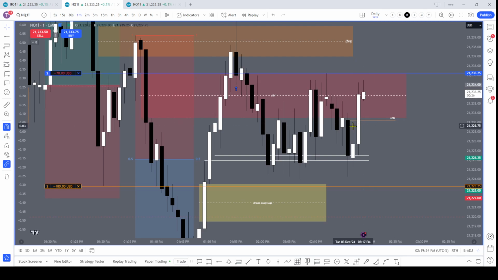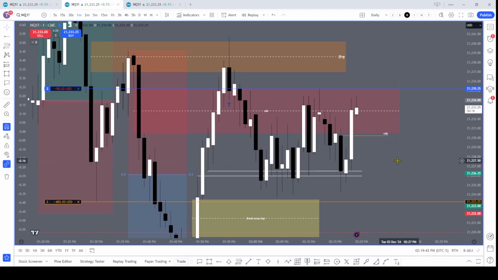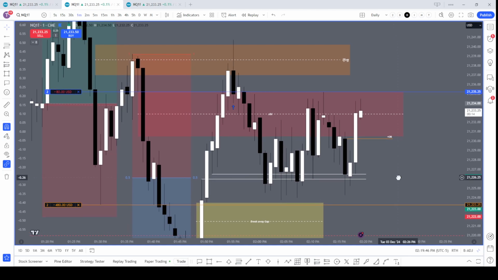Come down in this BISI, touch this order block inside of a discount. That'd be gravy.